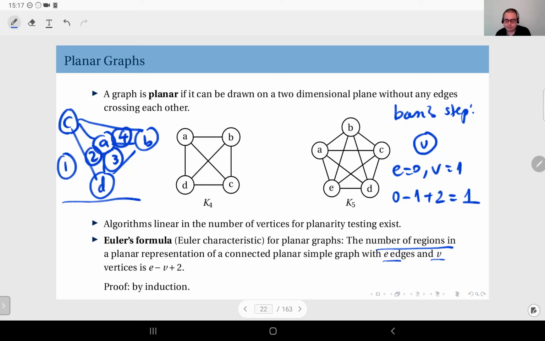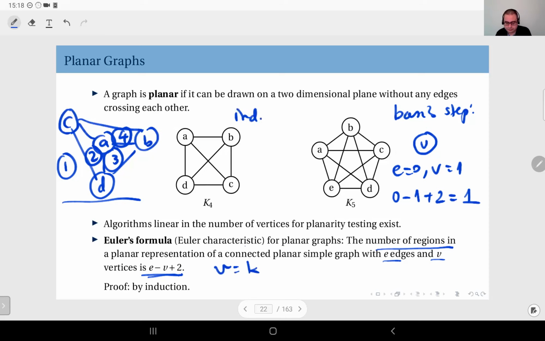And in the inductive step, you assume that you have this Euler characteristic formula satisfied for a graph with, let's say, the number of vertices V equals K. Let me put it here, inductive step.